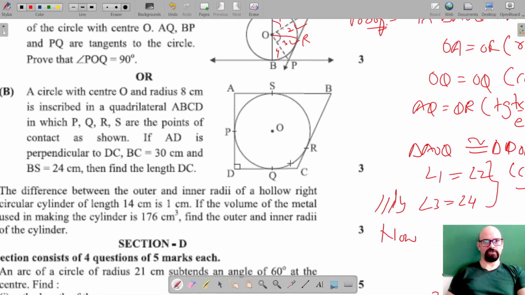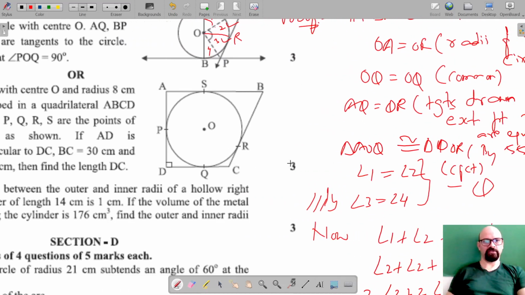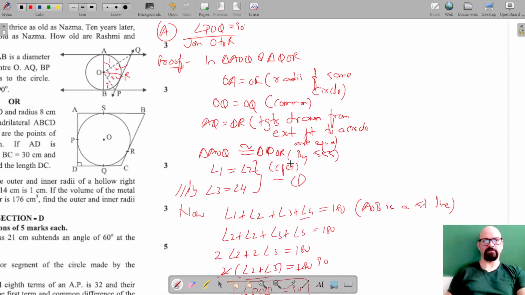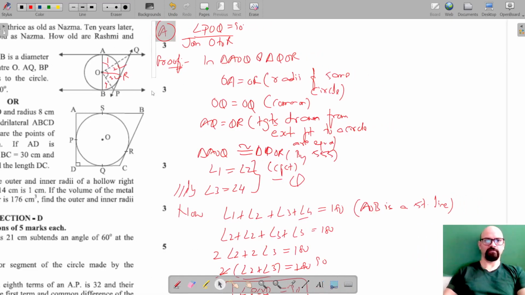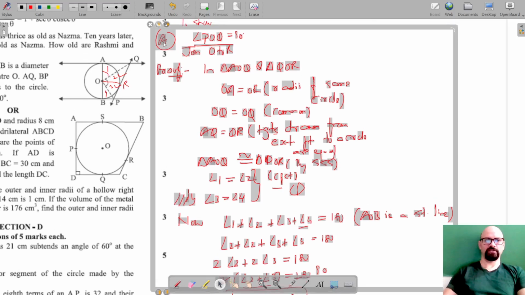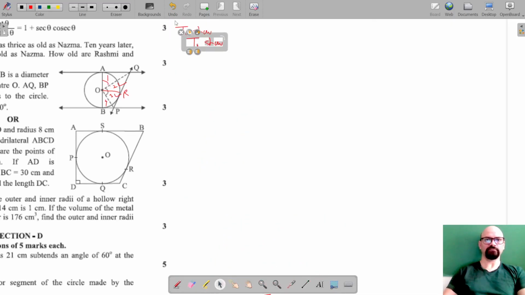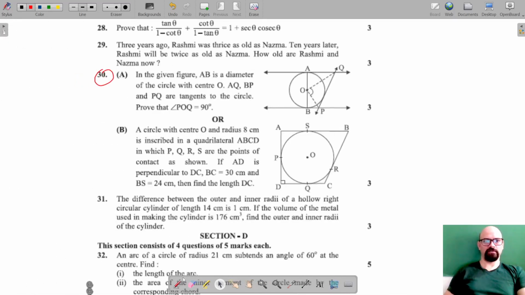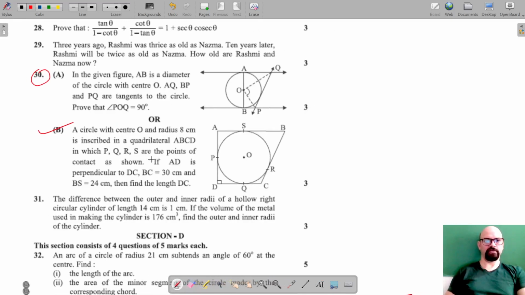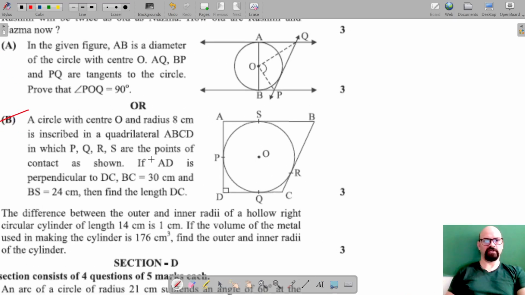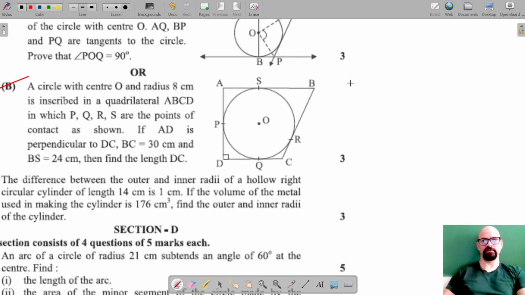And let's move on to the second part, where a circle with center O and radius 8 centimeters is inscribed in a quadrilateral. So I'm going to take this off. Okay, we are on part B. This is the quadrilateral ABCD.